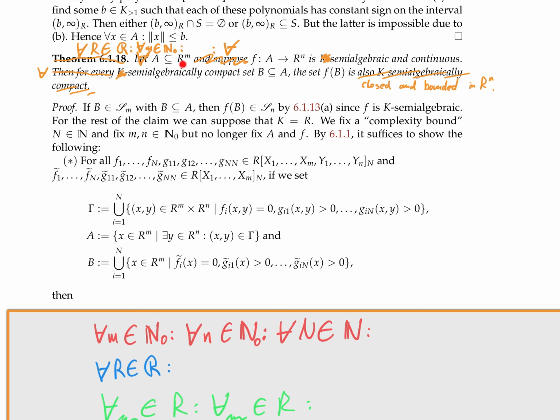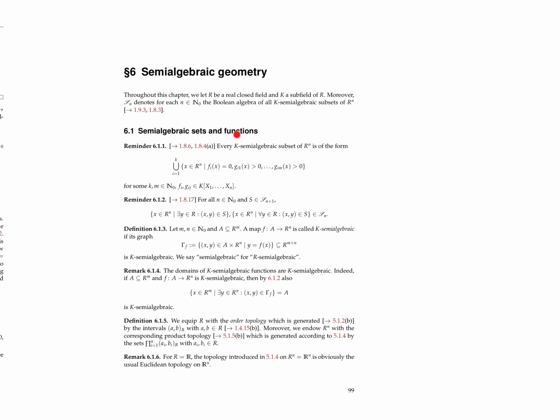So if we set gamma to be the semi-algebraic set defined in this way by these polynomials, right? And it's actually no big restriction to think about only this way, because I know that each semi-algebraic set can be written in this way. So that is 6.11. Let's look at that again. So that was a reminder, 6.11. Yeah, that was this reminder here, right?